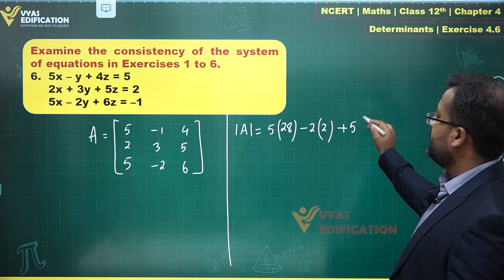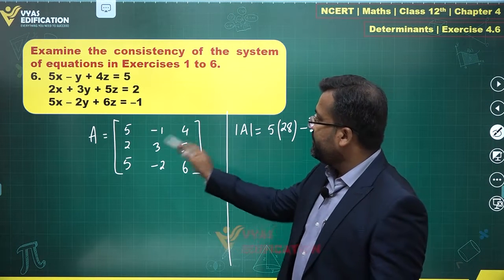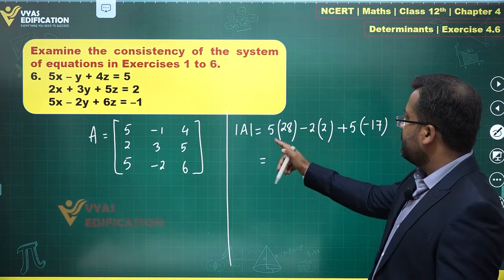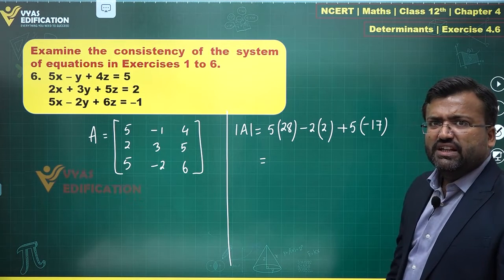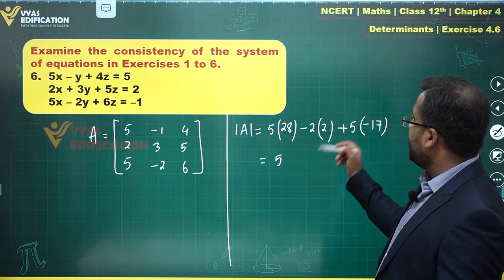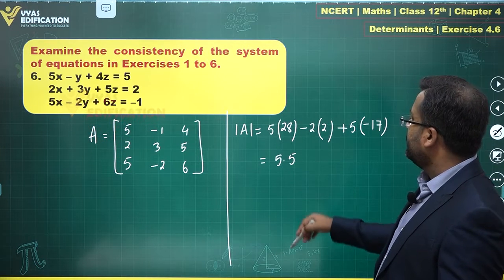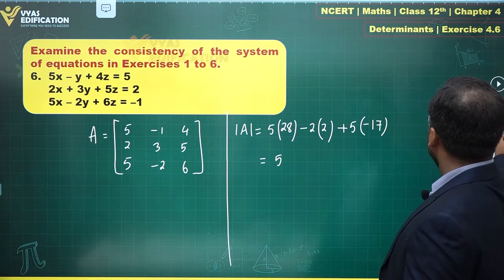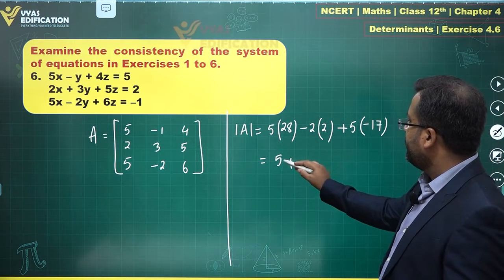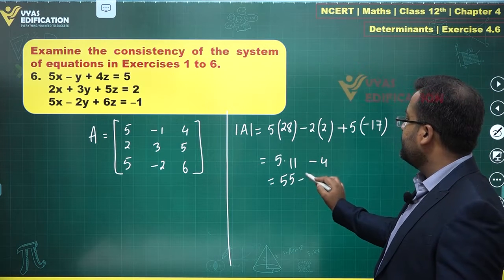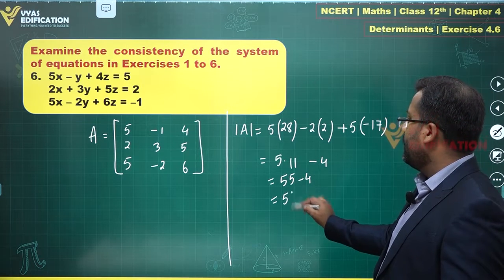And plus 5 times -5 minus 12 is -17. Okay, so 5 times 28 minus 5 times 17 is 5 times 11 actually, which is 55. Let's write 5 times 11 only, minus 4, which is 55 minus 4, this will give me 51.